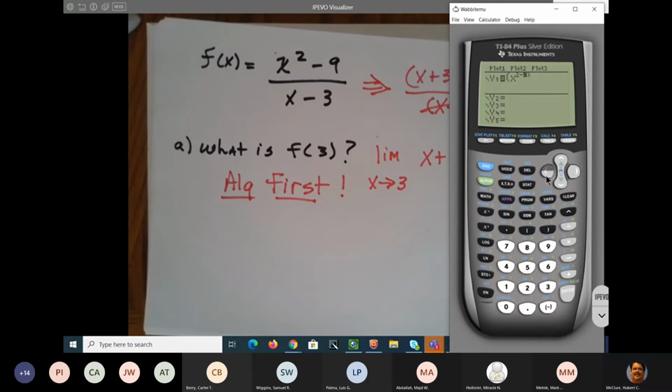Hold on a second. Delete, delete, delete. X squared, minus 9, close parentheses, divided by parentheses, x minus 3.